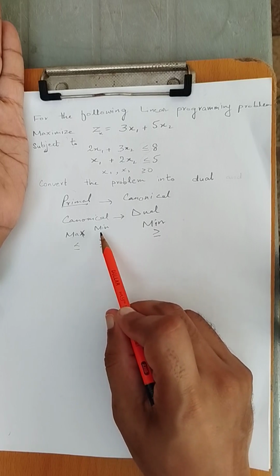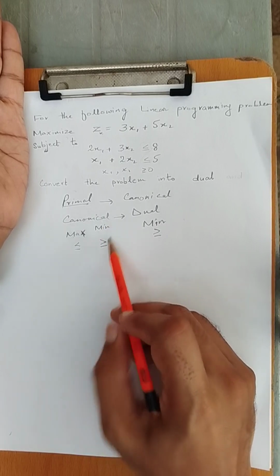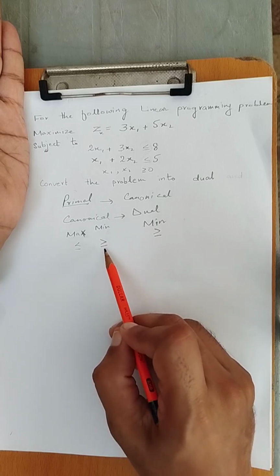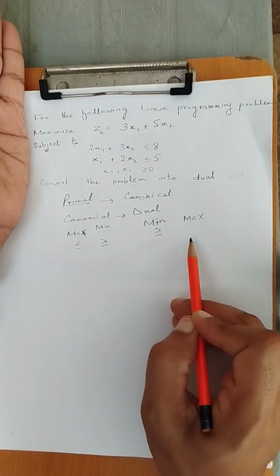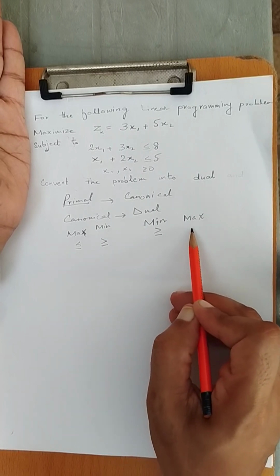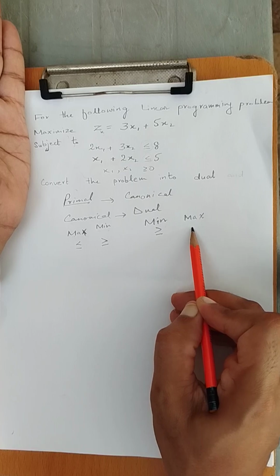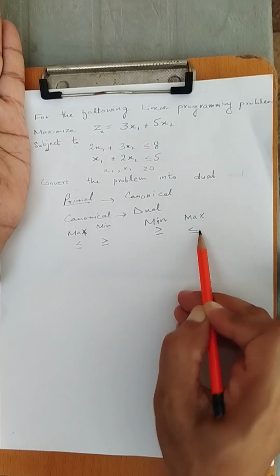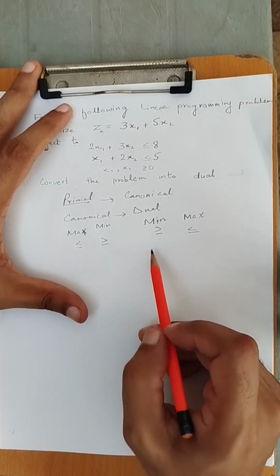And in the second form, when the cost minimization function is in the primal form, it has to be converted into the profit function, and the constraint inequalities must be less than or equal to.